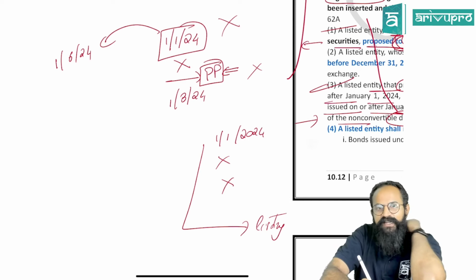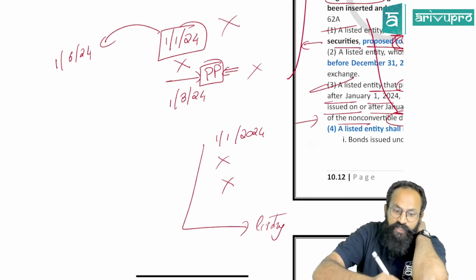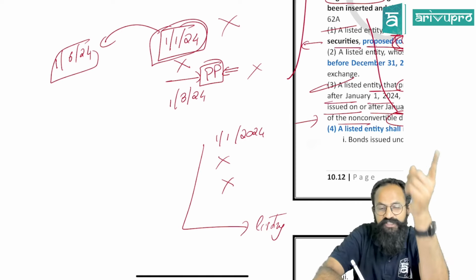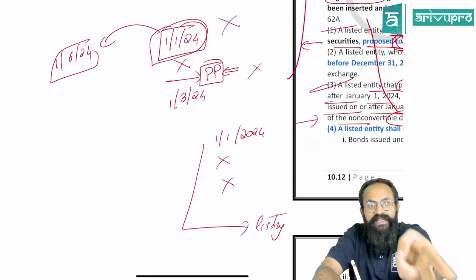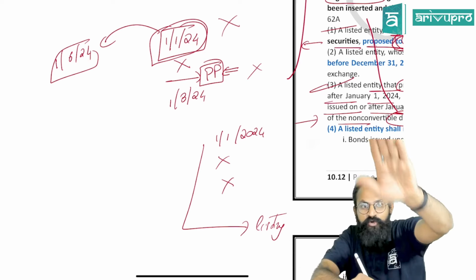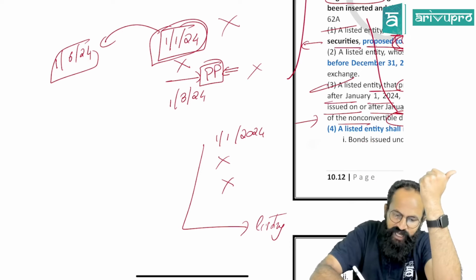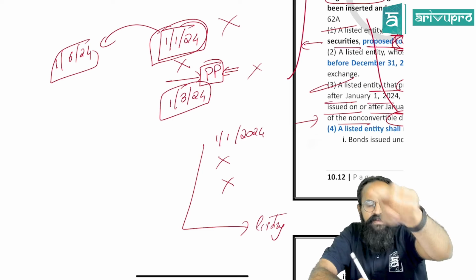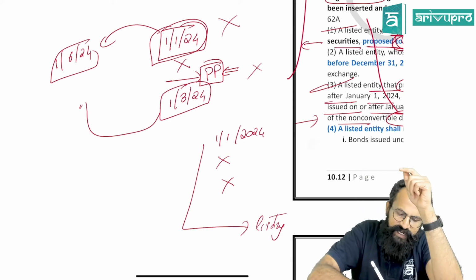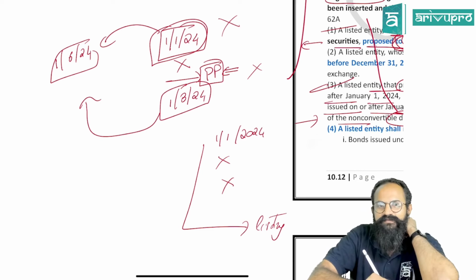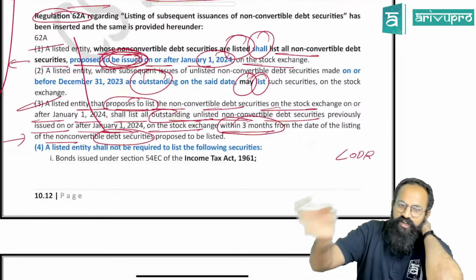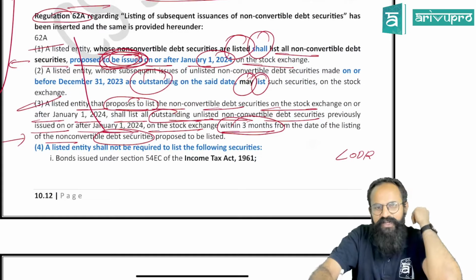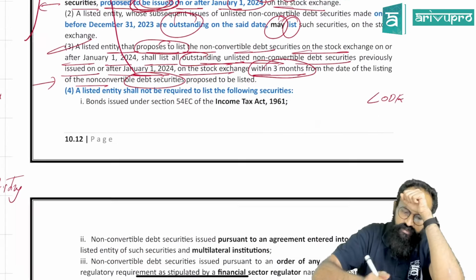Then they are telling you, if you decide to list anything which was already existing on 1st January 2024, any non-convertible securities issued after 1st Jan 2024, in our case 1st March 2024, which you have actually done as a private placement, this should also be mandatorily listed. Revise, read the provision again, try to see what we actually discussed. Is this clear? Okay. Next one, sir.